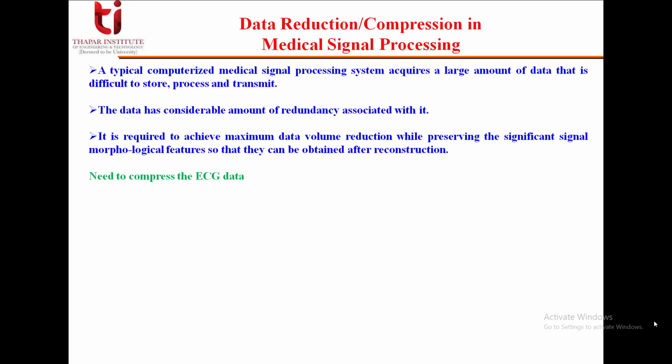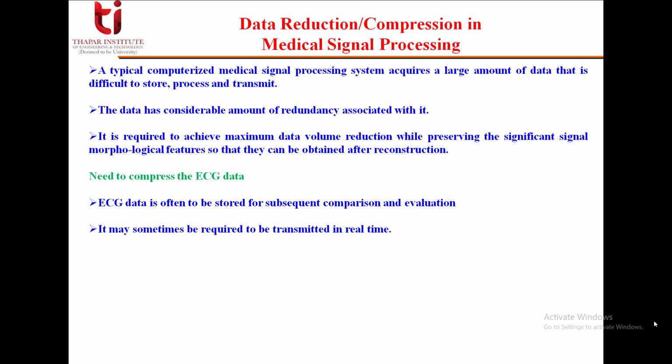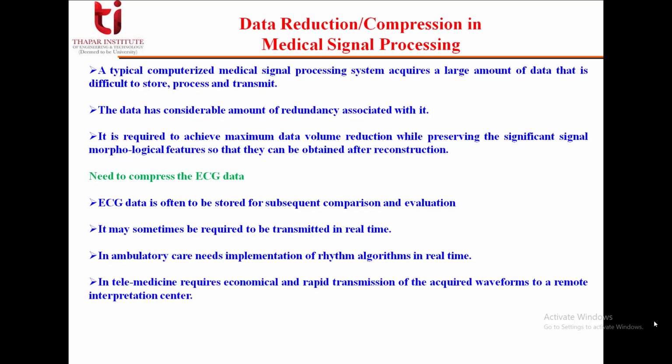Now we will make this topic specifically first for ECG. So what is the need to compress the ECG data? ECG data is often to be stored for subsequent comparison and evaluation. It may sometimes be required to be transmitted in real time. Ambulatory care needs implementation of rhythm algorithms in real time.